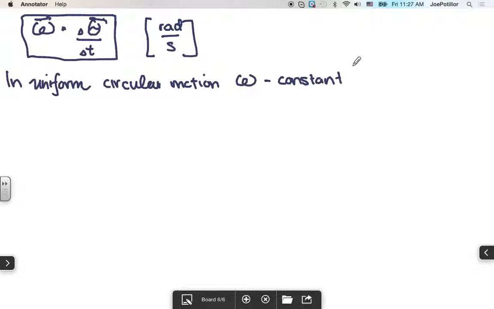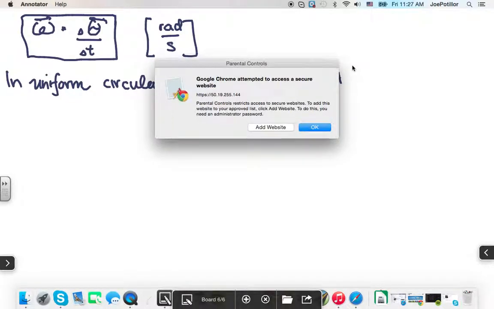Now, let's figure out how to calculate this angular velocity.